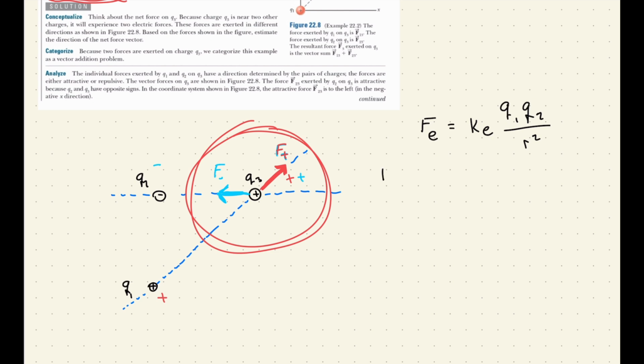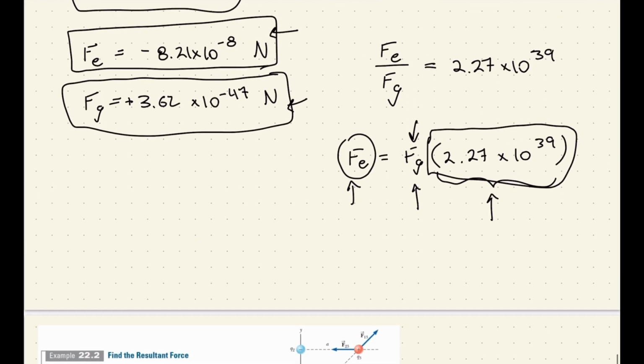I'll use black ink here. F positive equals k_e, sorry, we have here Q3 times Q1 over r31 squared. Awesome.